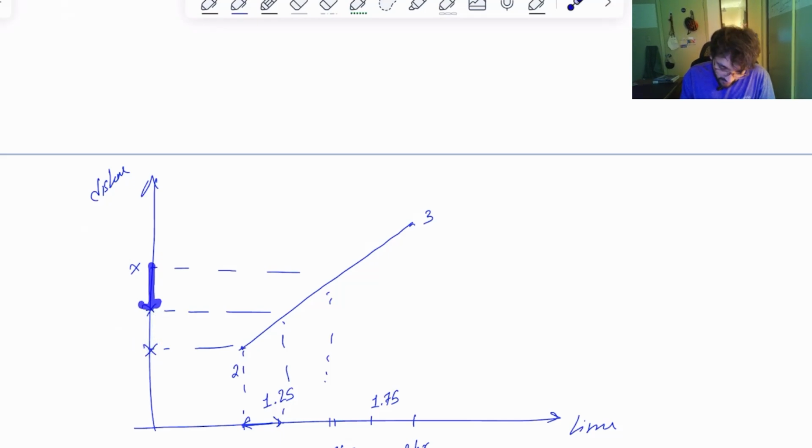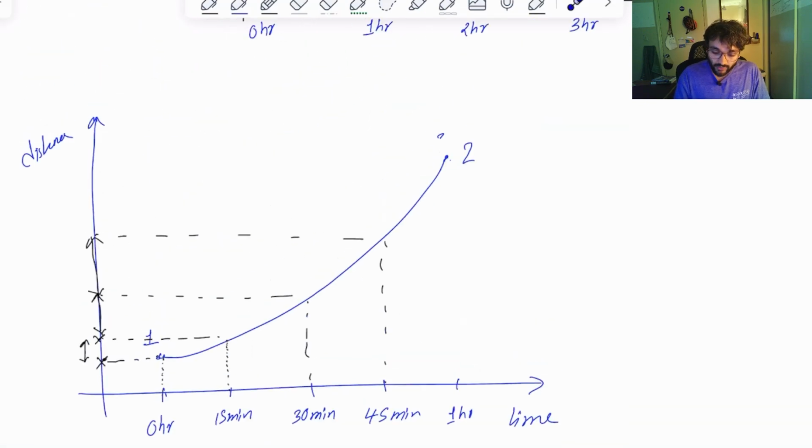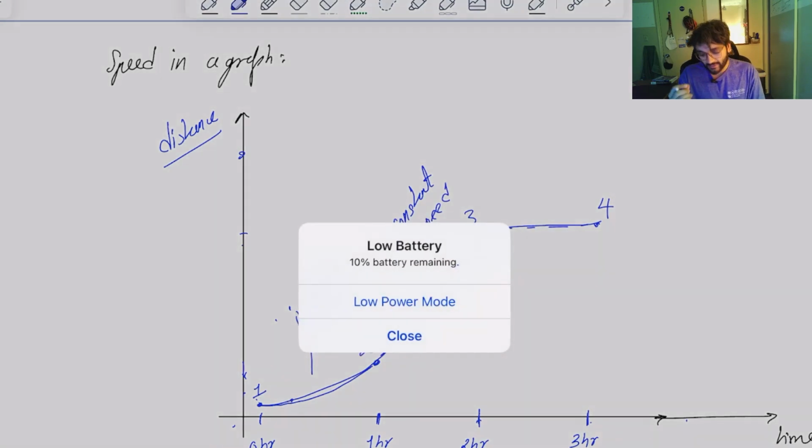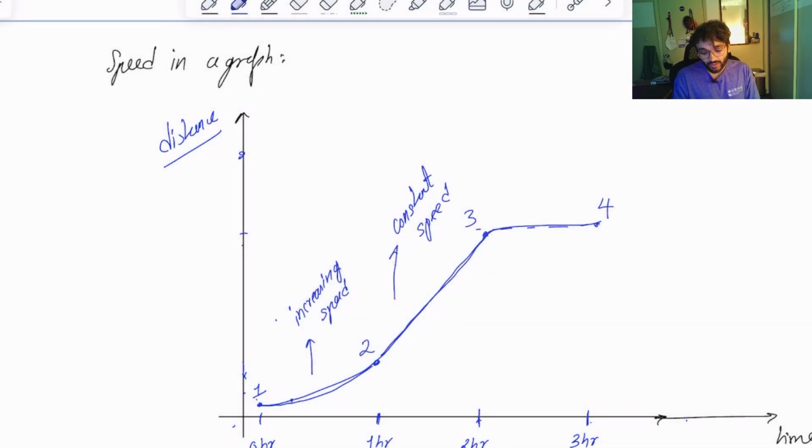For the second 15 minutes, that's the distance. And the third 15 minutes, that will be the distance. And the fourth 15 minutes, that will be the distance. So for every 15 minutes, the distance traveled is the same, right? So this is a case of constant speed. I'm sorry, not velocity, speed, constant speed, okay?